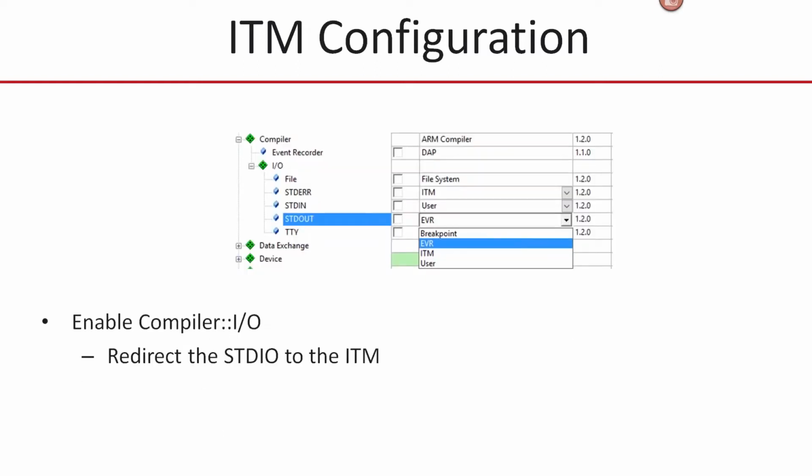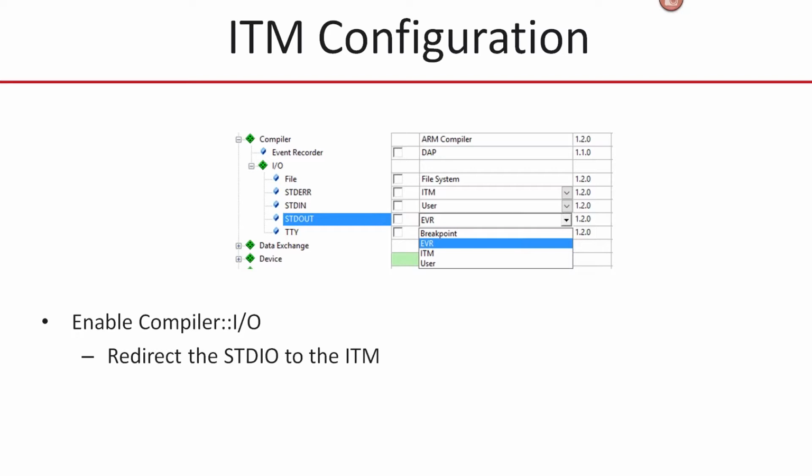Then the second half is to set up the communication with the ITM within the development tools. So here in the Runtime Environment Manager, we can redirect the standard I/O from a user function where we'd normally write to a UART or an LCD, etc. But we can redirect that to the ITM.